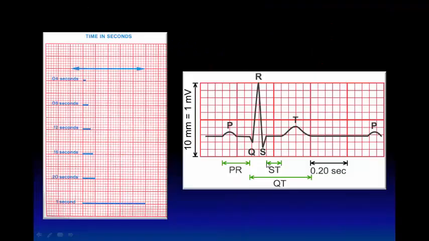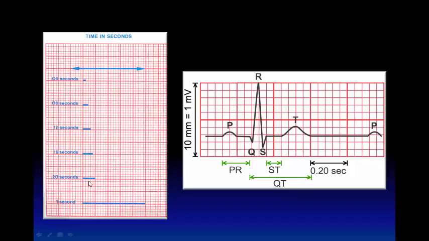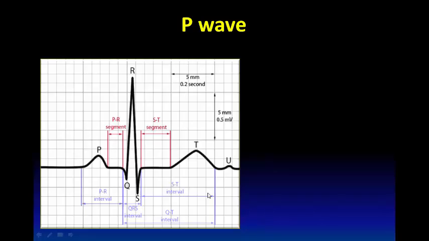So here we have again the calibration. If 1 small square is equivalent to 0.04 second, 2 small squares would be equivalent to 0.08, 3 small squares will be equivalent to 0.12 second, and so on. And this is seen in this horizontal calibration in the ECG paper.